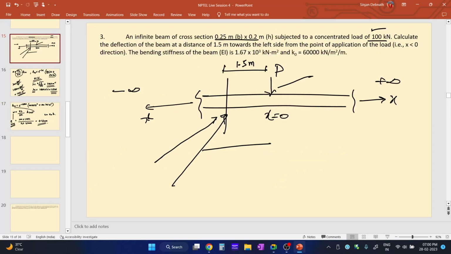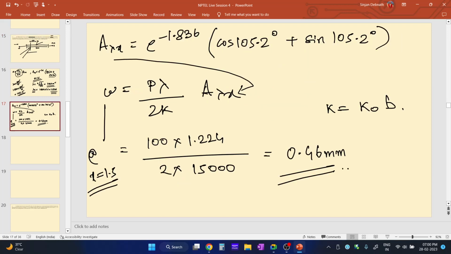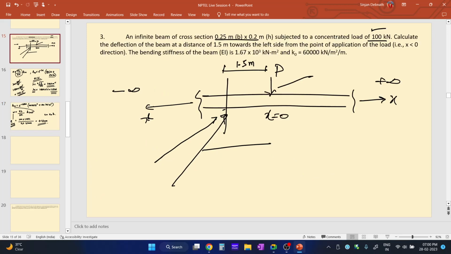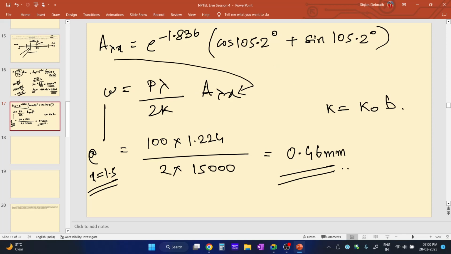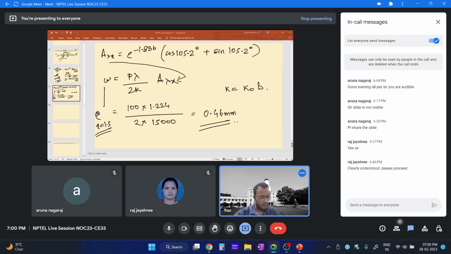You can see the deflection at this point is very small compared to the deflection at x equal to 0, which we solved in the first question. So this is the answer, the deflection at 1.5 meter from the loading point. If you have any problem or doubt in this question, please let me know.